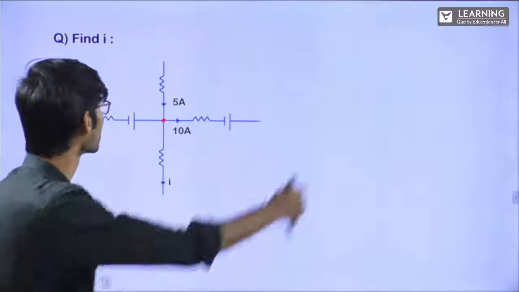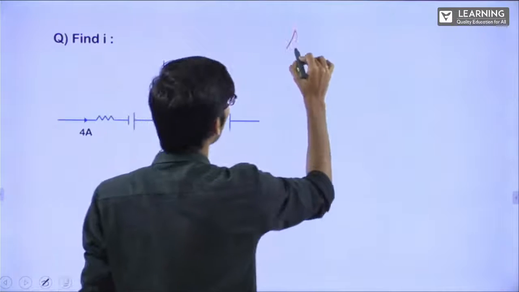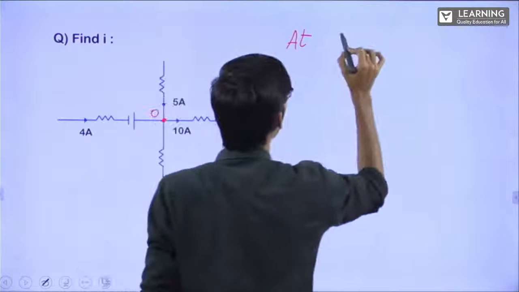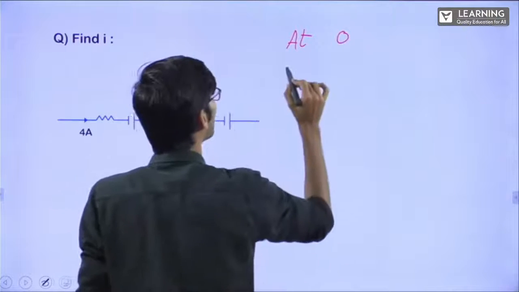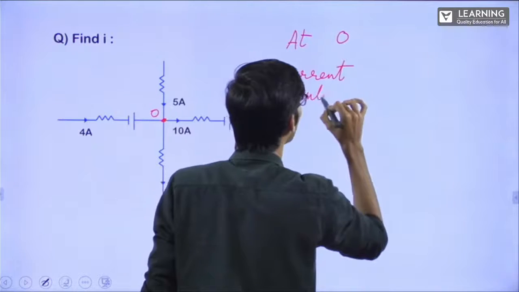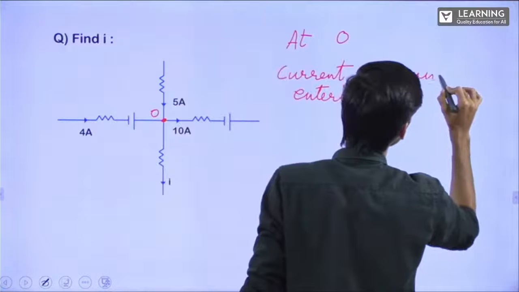Alright, let's see. So at this particular junction, at O, let's say, current entering should be equal to current exiting.